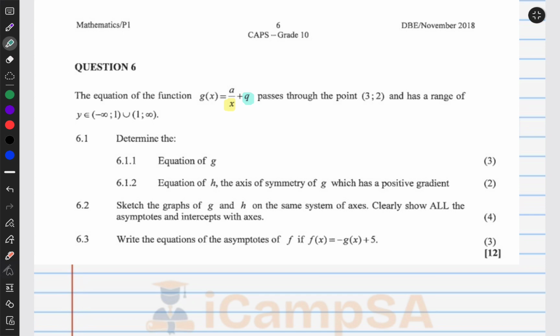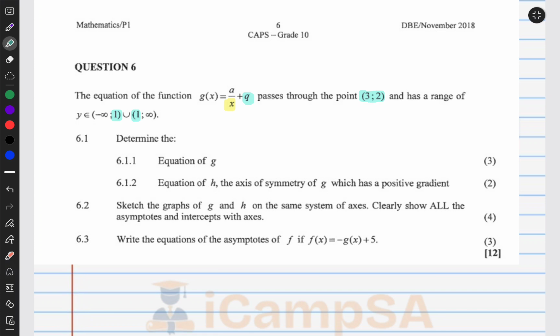It passes through the point 3 and 2 and has a range of y is an element of negative infinity to 1 union 1 to positive infinity. From the range we can determine that there is a value where our function doesn't exist, and that value is 1. So it tells us that 1 is essentially our horizontal asymptote.